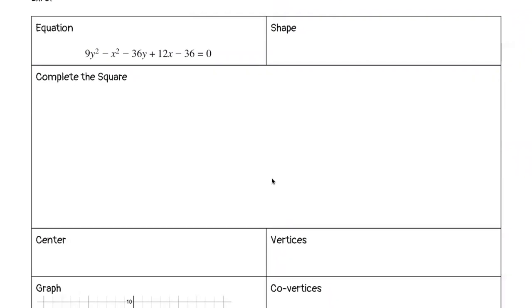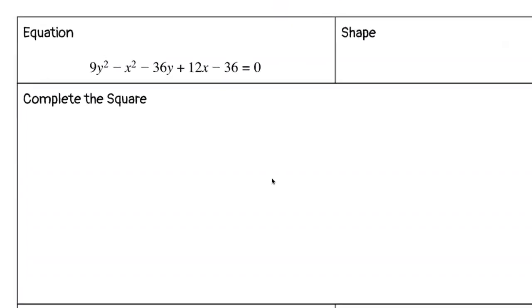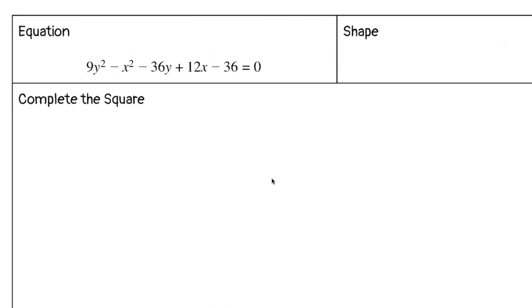Okay. And in order to do that, it would probably be really useful for us to clump our like terms, just like we did in that completing the square example from earlier.